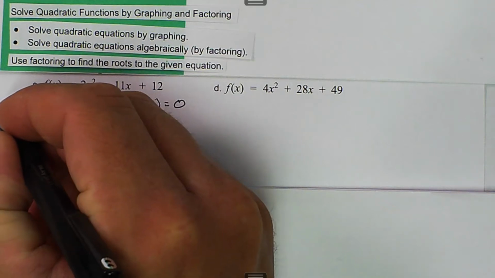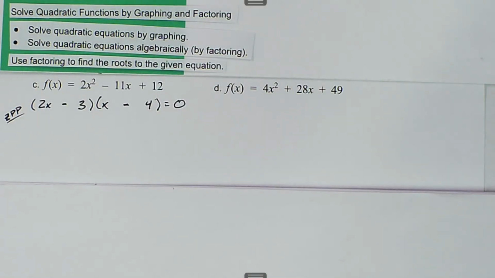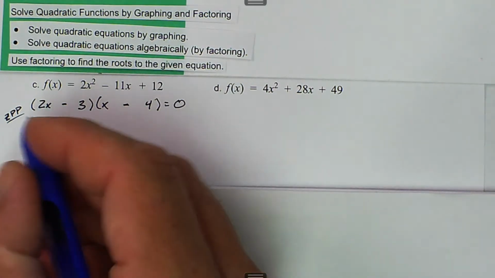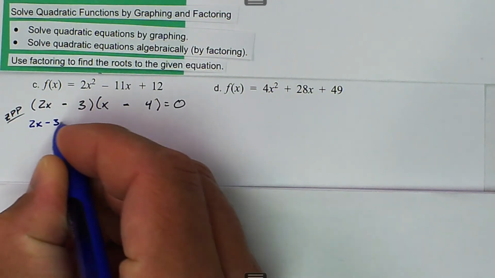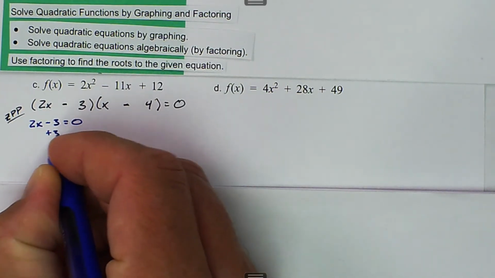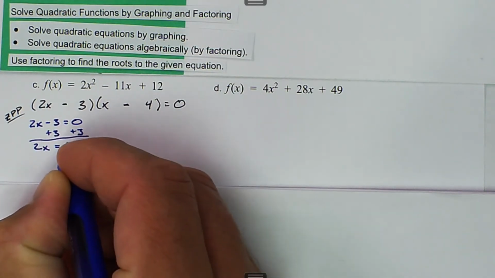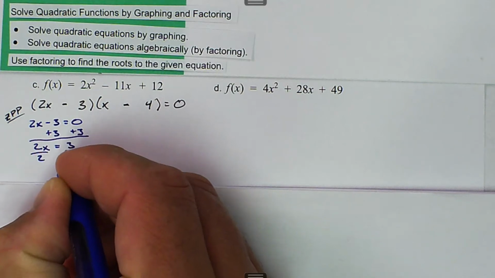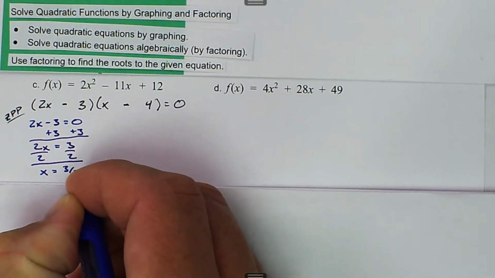And now we can use the zero product property to find out what our solutions are. So 2x minus 3 equals 0. And we can add 3. Then we get 2x equals 3, divide by 2, and then we get x equals 3 over 2.